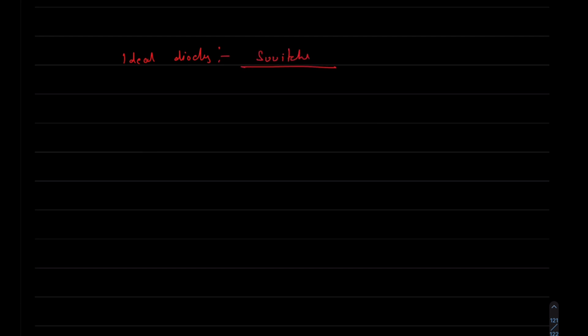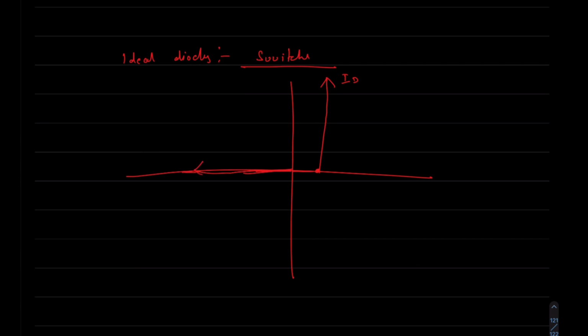The IV graph of an ideal diode basically goes to a knee voltage, and then the current just goes infinitely high, right? And in reverse bias, in an ideal diode there is infinite resistance, so there won't be any flow of saturation current at all.